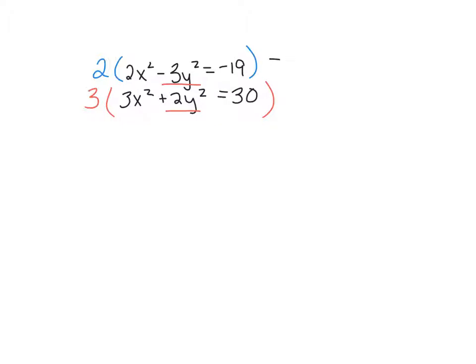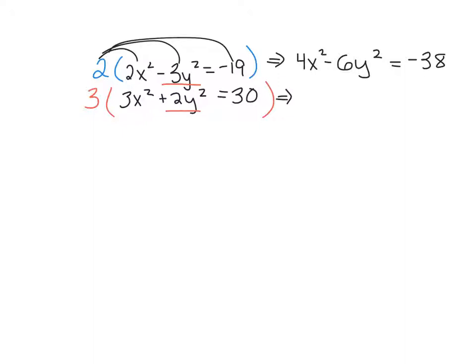So when I do that, for the top equation, I get 4x squared minus 6y squared equals negative 38. You want to multiply the 2 by each term in parentheses. Now we're going to do the same with the bottom equation, and we'll multiply 3 by each term in parentheses.